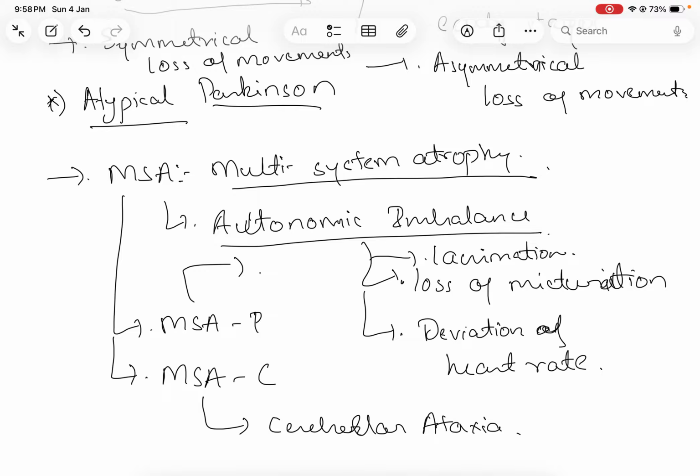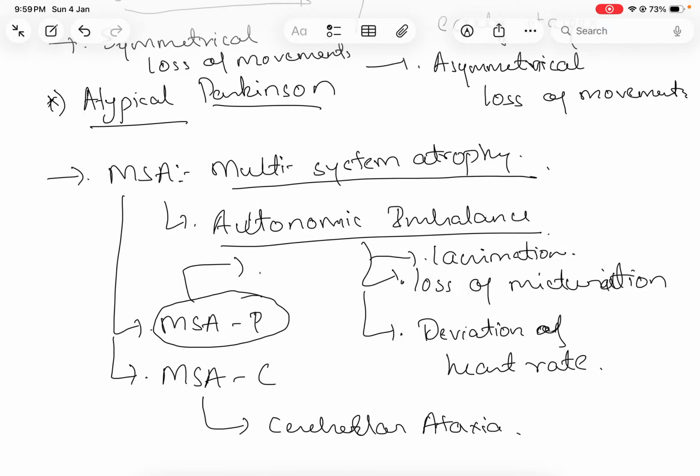The autonomic nervous system consists of two types, sympathetic and parasympathetic. So in this, there will be an imbalance between the sympathetic and parasympathetic nervous activity. If we encounter a multisystem atrophy case in Parkinsonism, we usually denote it as MSAP.